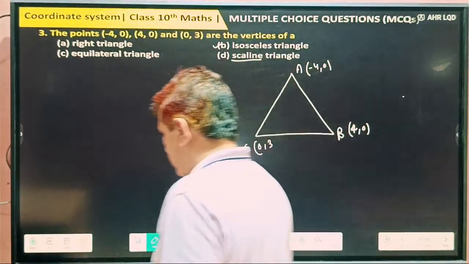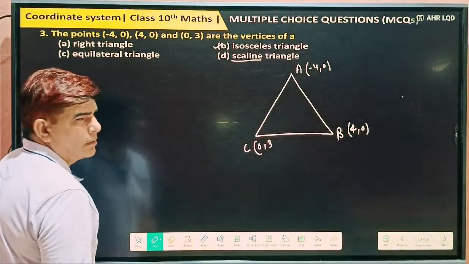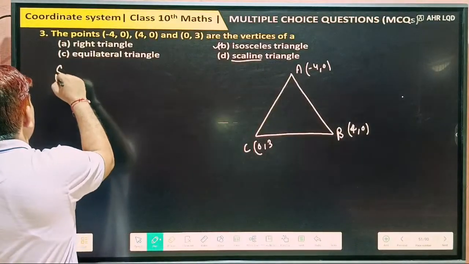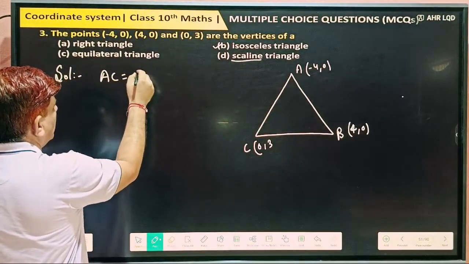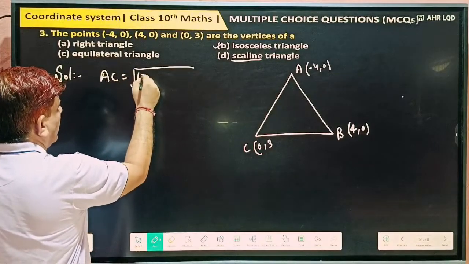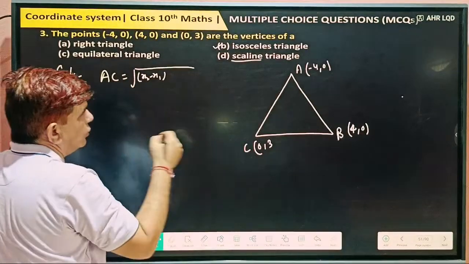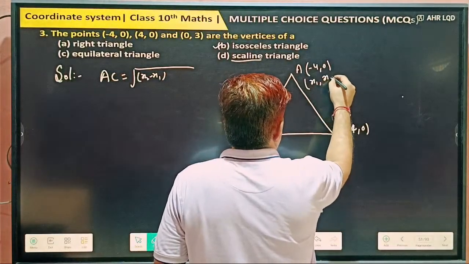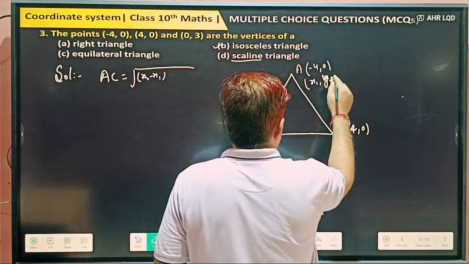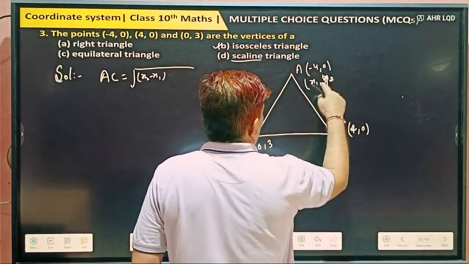So we can find its sides by using the distance formula. So solution, what can we say? AC is equal to what? x2 minus x1. So you can write this is x1, y1.